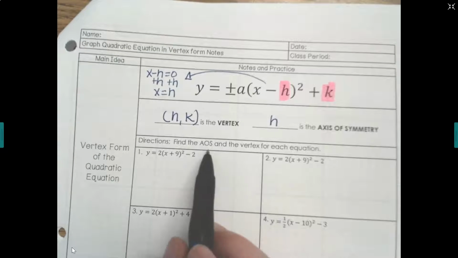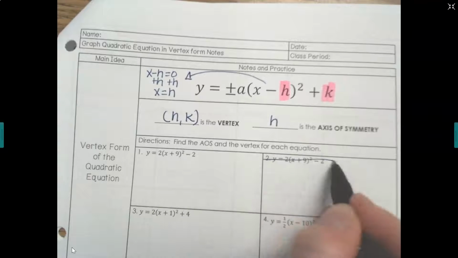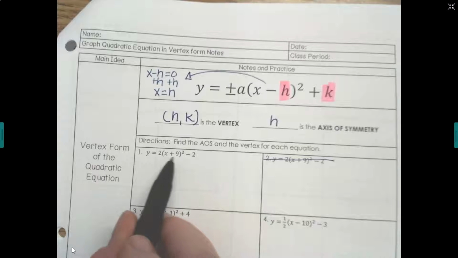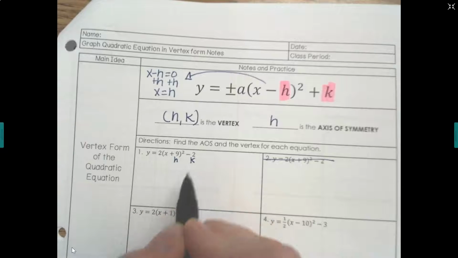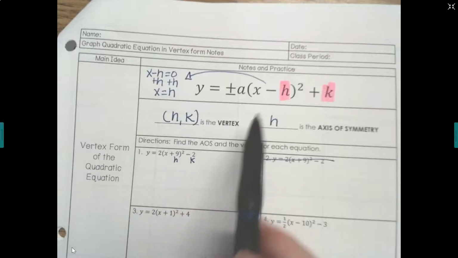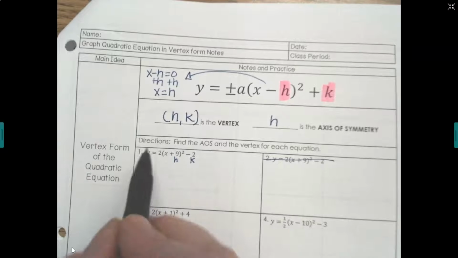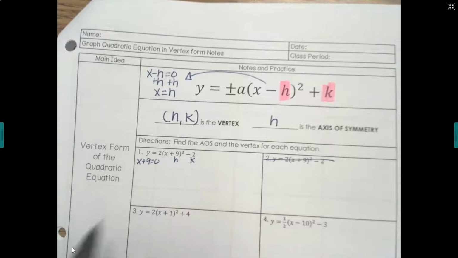So let's look at this so you can see. Let's see if we can identify the axis of symmetry and the vertex for each of these. This is a duplicate, so we're just going to ignore it. So this is your h, this is your k. So remember, your vertex is h and k, and this is really saying x minus negative 9. So you really want to solve this. X plus 9 equals 0.